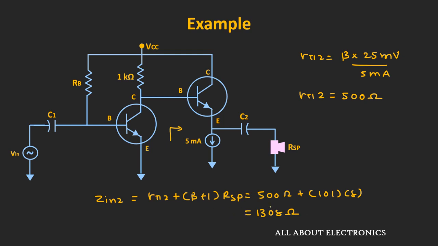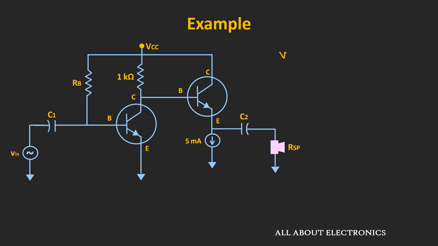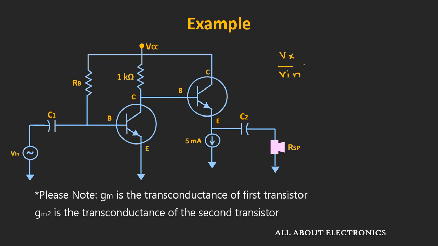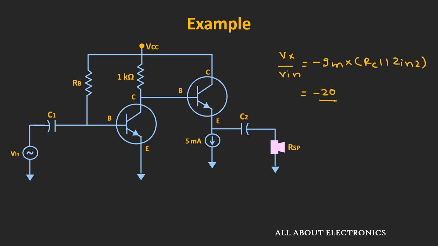So this input impedance Zin will come in parallel with the 1 kilo ohm resistor. That means Vx divided by Vin can be given as minus Gm times Rc parallel Zin. That is equal to minus 20 divided by 1000 times 1 kilo ohm in parallel with 1.3 kilo ohm.